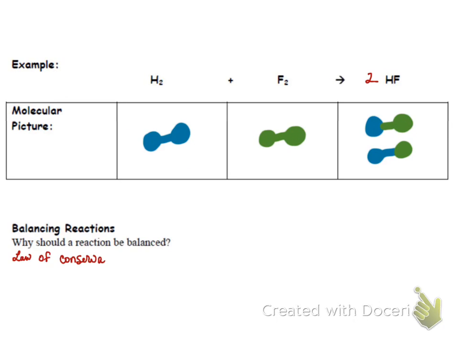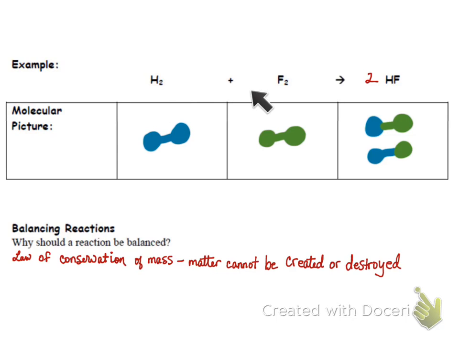So here we've got a picture of what's happening in a reaction. You've got hydrogen reacting with fluorine, F2, to make HF. Hydrogen, H2, like a dumbbell, reacts with F2, and it makes HF, but to balance the equation, we need to write 2 molecules of HF so that we have the same number of atoms on both sides.